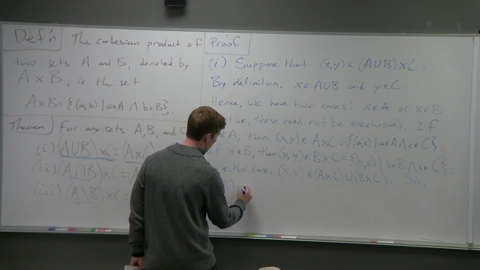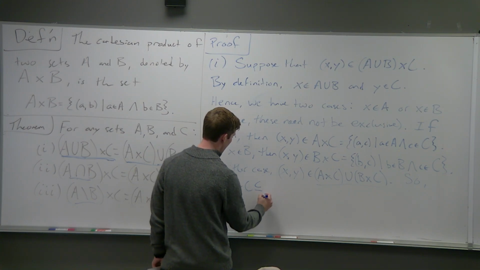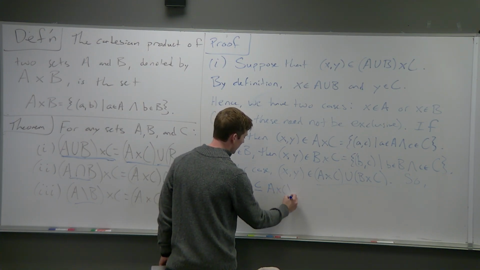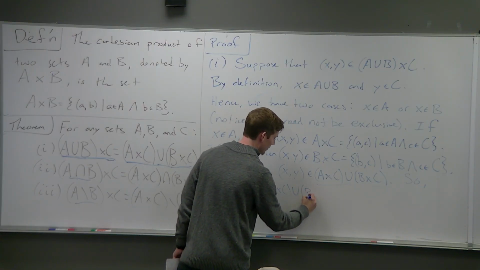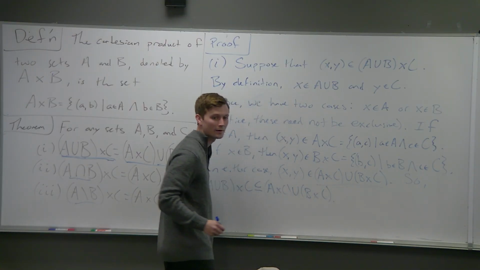So (A union B) cross C is indeed contained in (A cross C) union (B cross C).